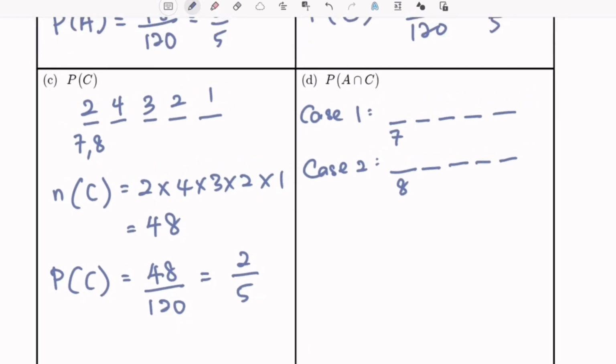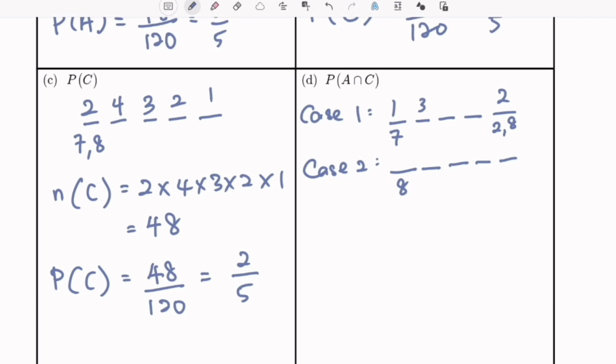Now let's take a look at the last digit for case 1. So if you have chosen 7 for the first digit, you'll have 2 or 8 for the last digit because you want it to be even. So that's two options. This is one. And then you'll be left with three other digits.